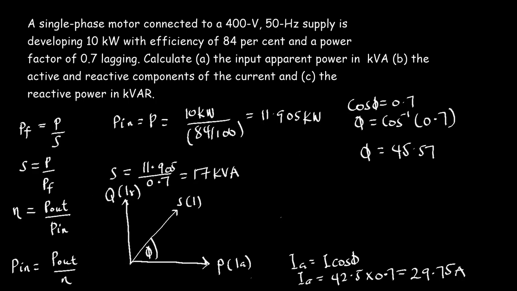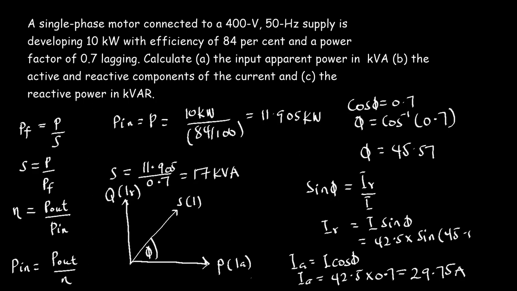Now you want to find the reactive current. For that you can use sine phi, which equals the opposite, which is the reactive current, over the hypotenuse, which is the total current. So you're going to get the reactive current equal to the total current times sine of phi. This will be equal to 42.5 times sine of 45.57.